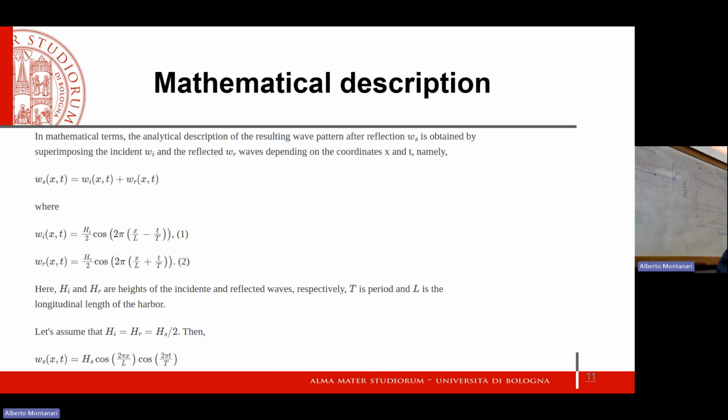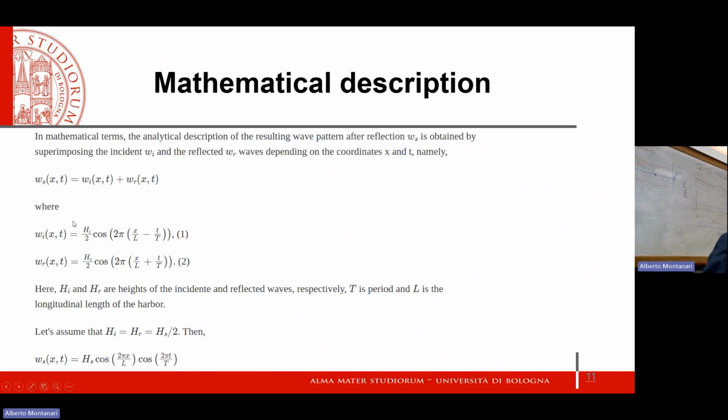Now, we can describe the incident wave with a cosine function. Basically, we can describe it as wave height divided by 2, which is the amplitude of the wave. The wave height is the distance between crest and trough, and it's twice the wave amplitude.